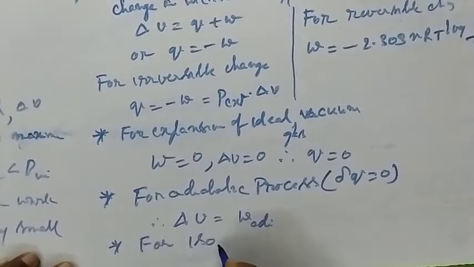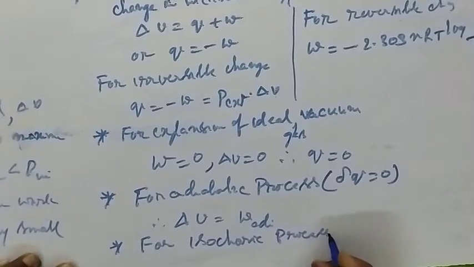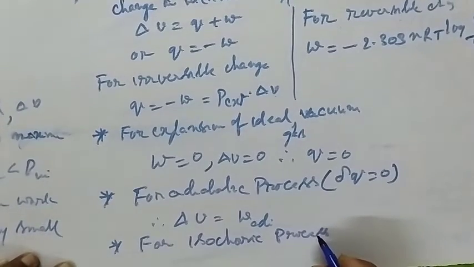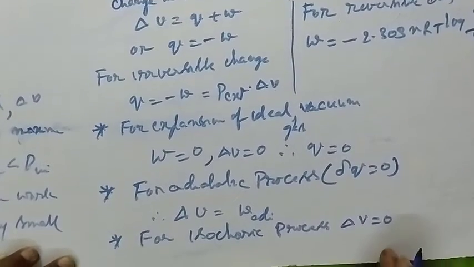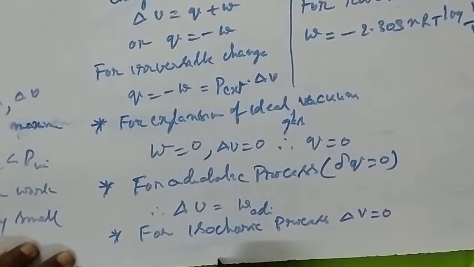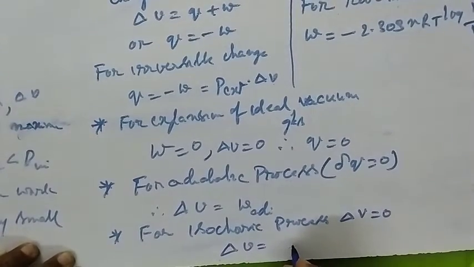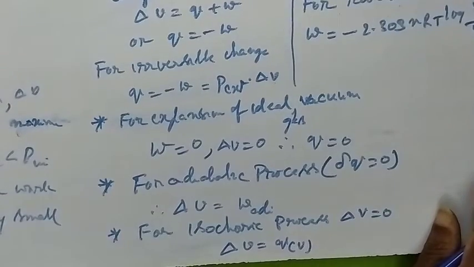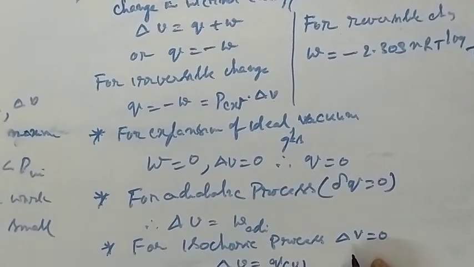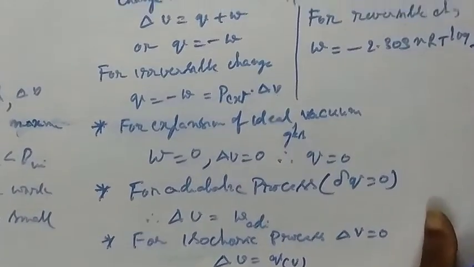For isochoric process, delta V equal to 0, therefore delta U equal to QV.